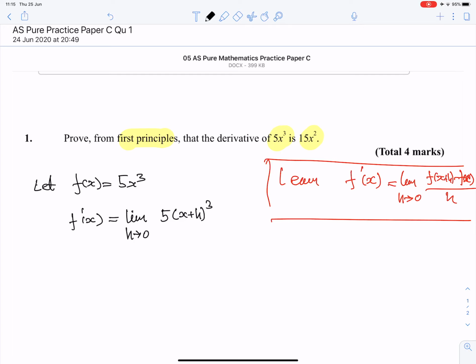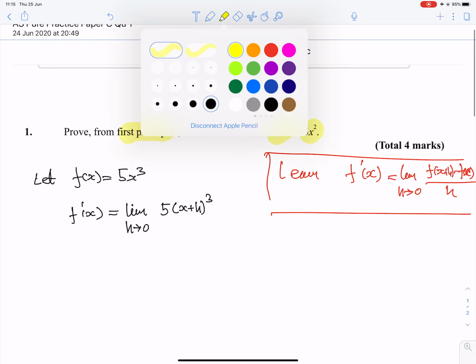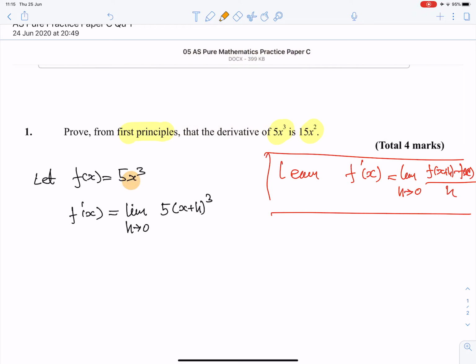So we've just replaced x by x plus h, minus 5x cubed all over h. We've used this line over here, f of x plus h minus f of x.